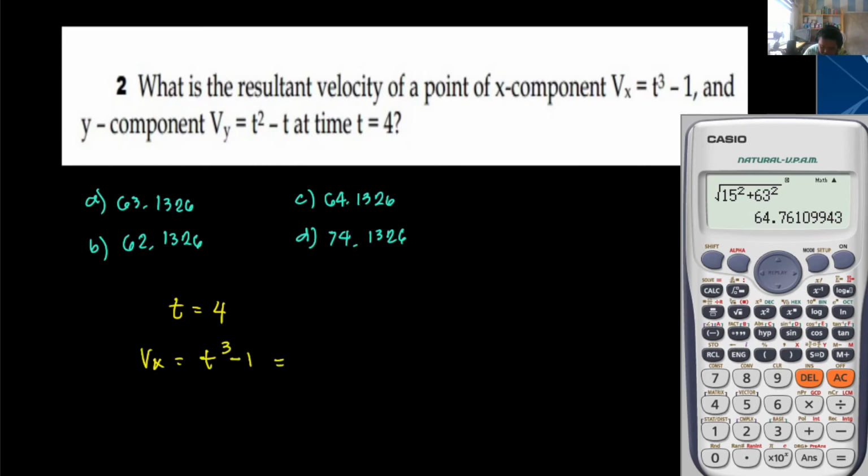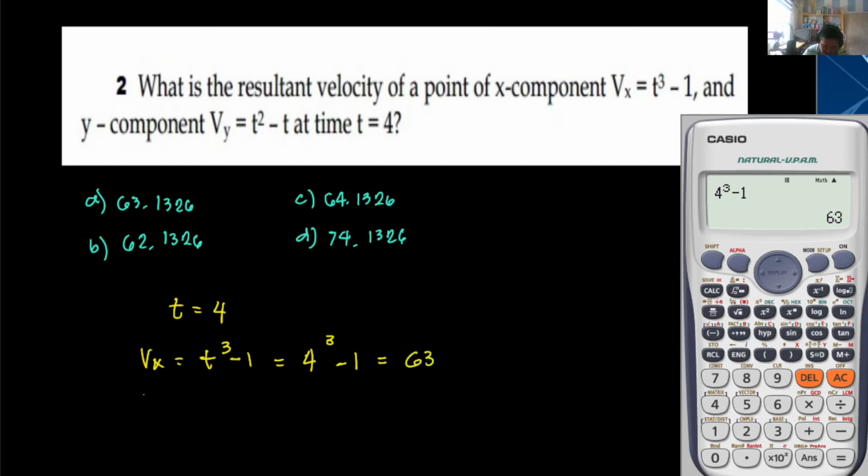We can substitute the given value 4 into this equation, so this is 4 cubed minus 1, which is 63.